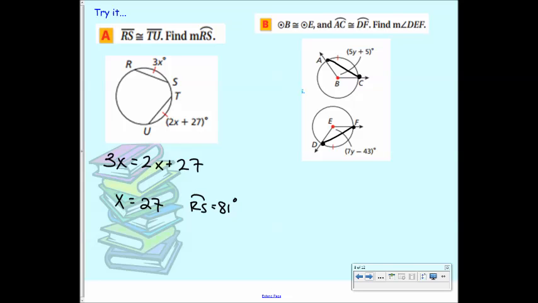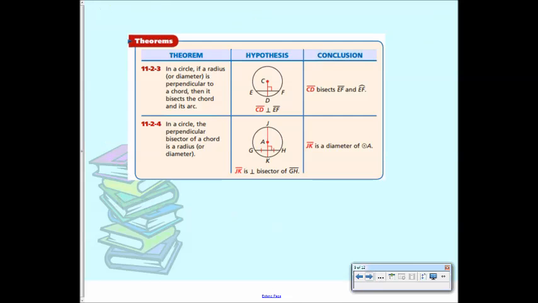Okay, the last thing has to do with radii and chords. So in a circle, if a radius or a diameter is perpendicular to the chord, then it bisects the chord and its arc. So bisect means what? Right in the middle, right?